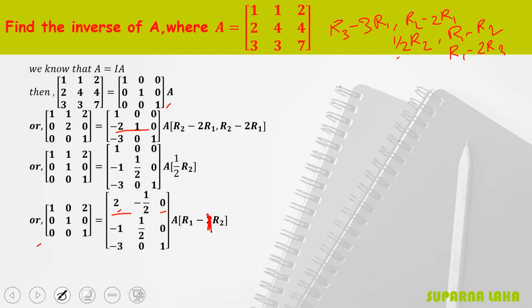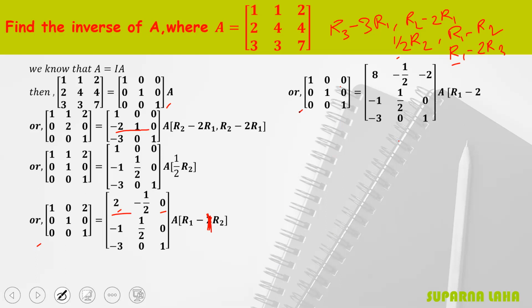Now next you have to make this operation, that is R1 minus 2R3. So write down, you got this identity, and on this side R1 minus 2R3, that is 2 minus of 3 into 2, 6, 6 plus 2, 8, minus half minus 0, that means minus half, and 0 minus of 2, that means minus 2.